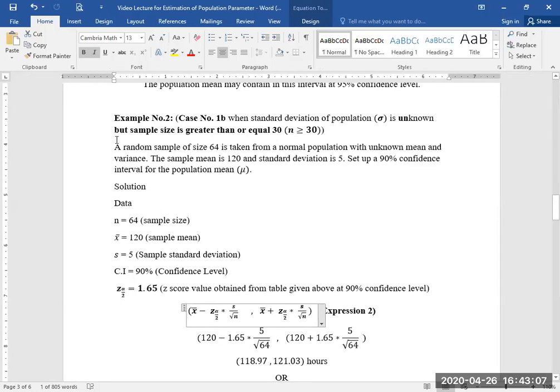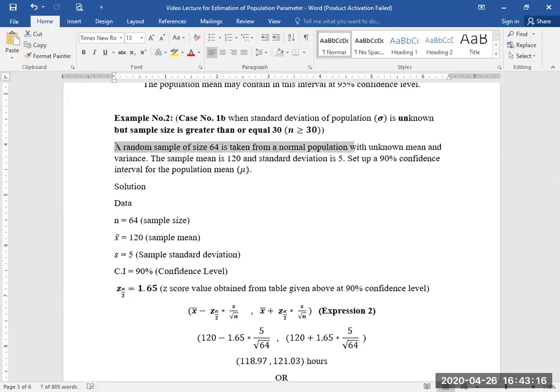Okay, now students, I'm reading the example for you. A random sample of size 64 is taken from a normal population with unknown mean and variance. The sample mean x bar is 120, and the sample standard deviation s is 5.